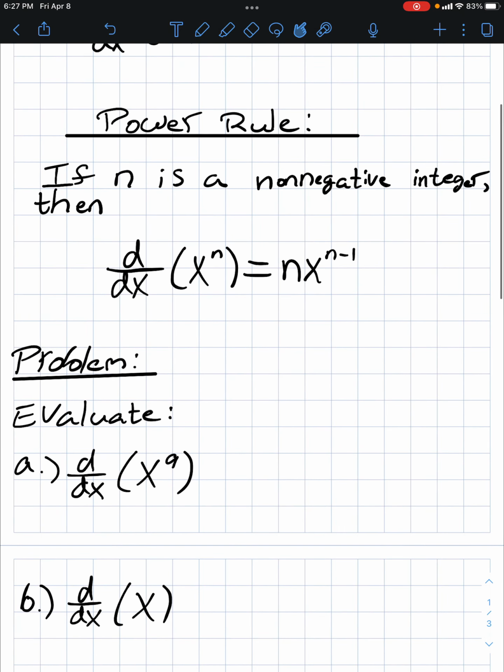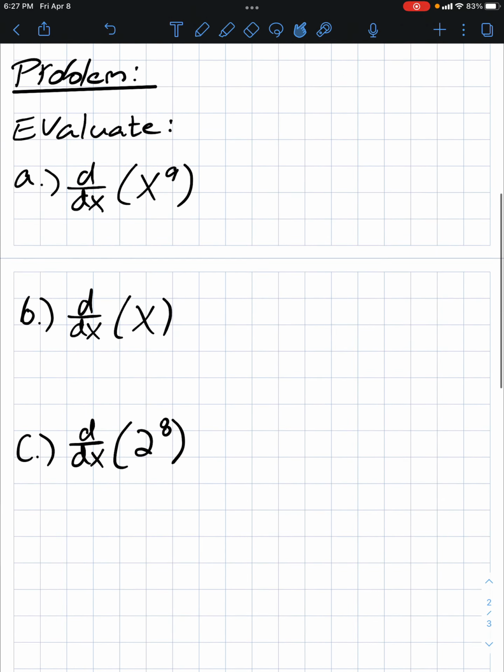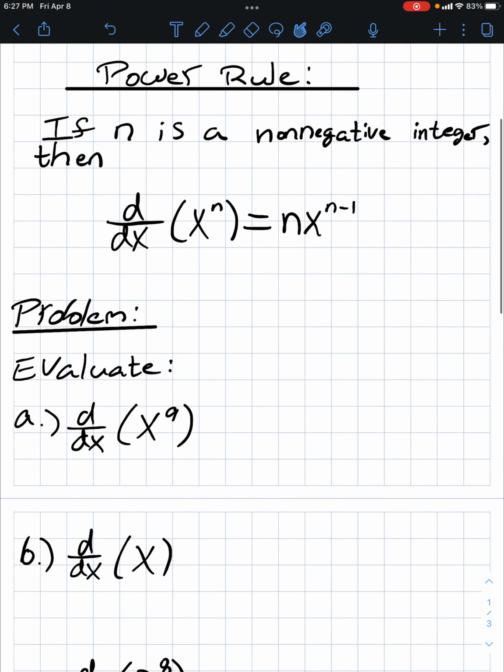Welcome back. Hopefully you were able to solve this problem. Now let's work on it together. So in part A, we need to take the derivative of x to the 9th. Which rule do we need to use from the above? Well, x to the 9, and 9 is a non-negative integer, so we need to use the power rule.